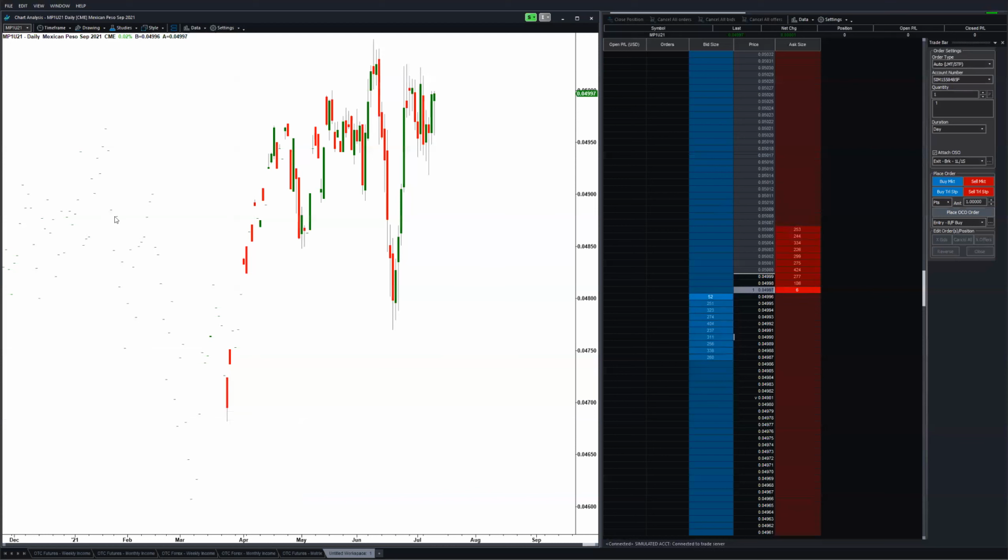The contract was alive, maybe it had already started to trade, but there was no volume because nobody was trading this particular contract during this period of time, right? They started to trade MP1 U21 later on, and then you see the candles appearing, meaning the liquidity and the volume is showing up.